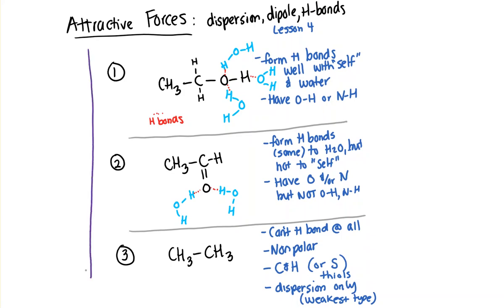So if we have a trend at the top, these are most water soluble, and down here, least water soluble. As far as families go, that's how it works.